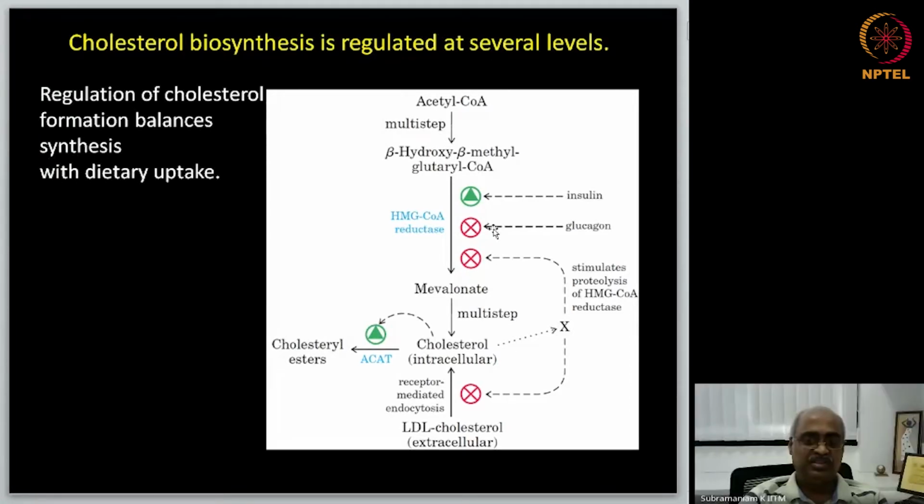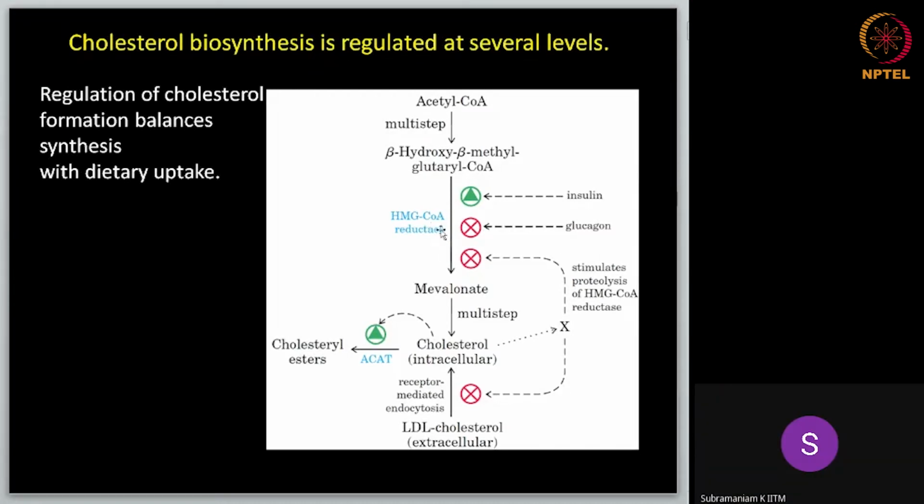Via cyclic AMP and protein kinase A, this would end up phosphorylating this enzyme, and that inactivates it. So this is how phosphorylation and dephosphorylation regulates HMG-CoA reductase, and this is integrated with hormone signals again.